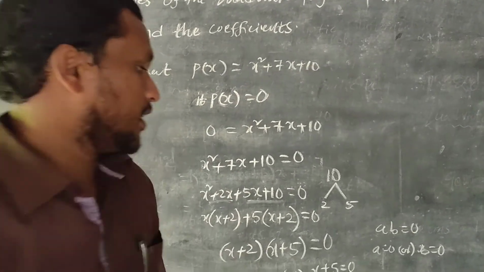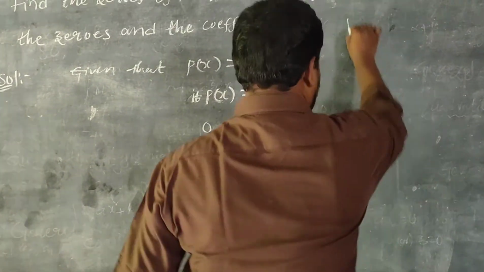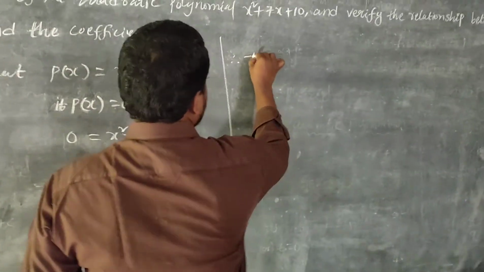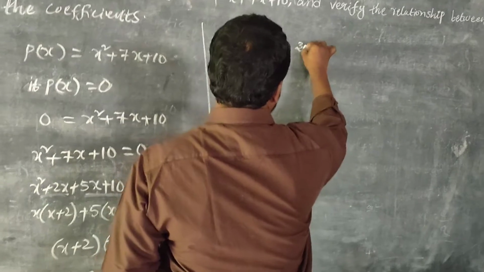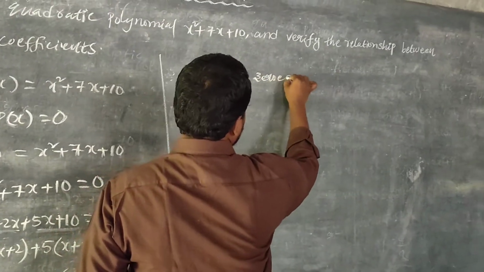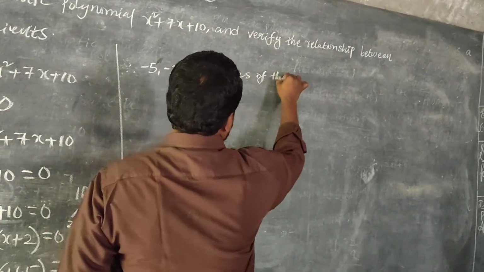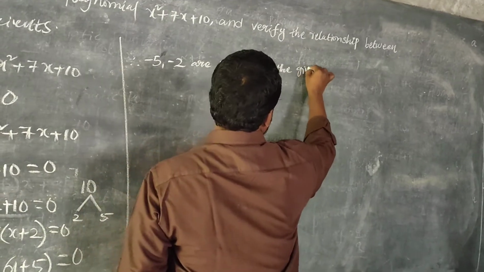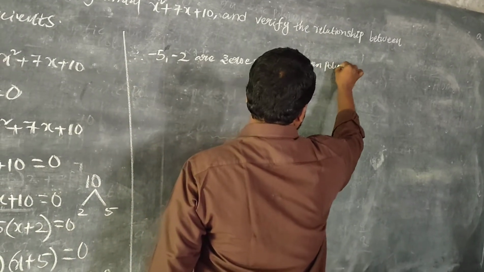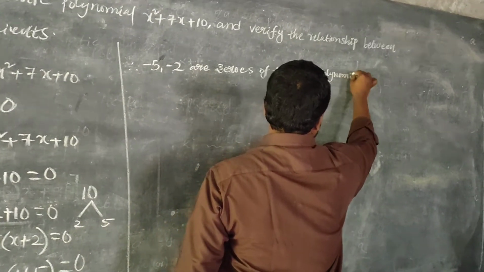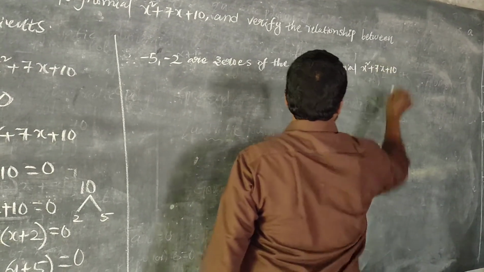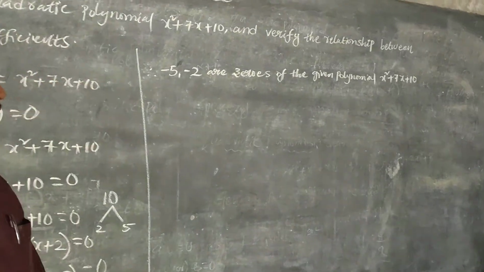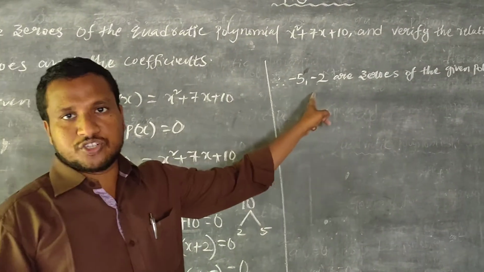Therefore minus 5 and minus 2 are zeros of the given polynomial x square plus 7x plus 10.